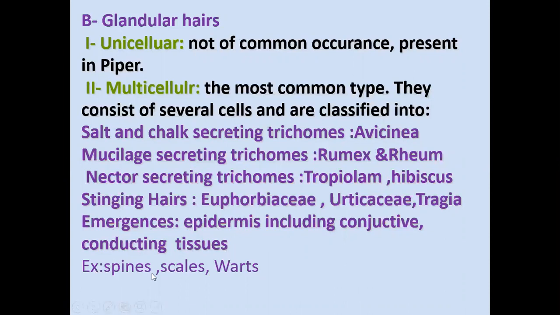So that's why in a few plants the epidermis shows spines, scale leaves, and warts also. So these are all called emergences. Emergences are somewhat different from trichomes or hair-like structures because vascular tissue is also supplied into these structures and they are in living condition when compared to epidermis.